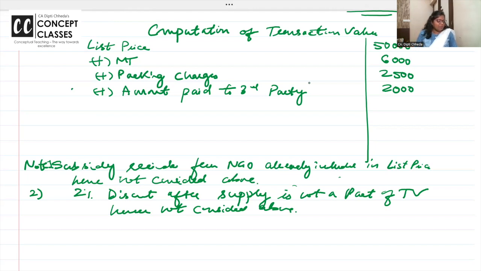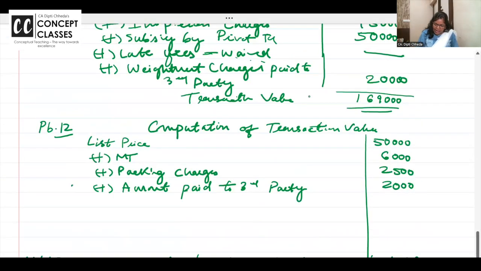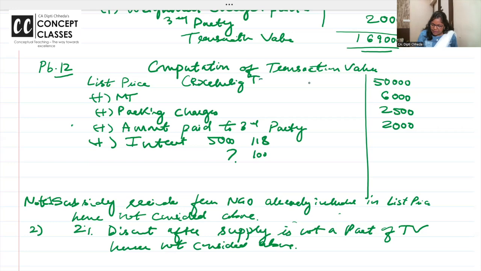Next, last one. ABC Limited delayed and they have paid 5,000 interest. So interest you have to add back, but not 5,000. 5,000 interest is including 18% GST. Why? Because list price is excluding taxes. So even interest, like municipal tax, you should take without GST.